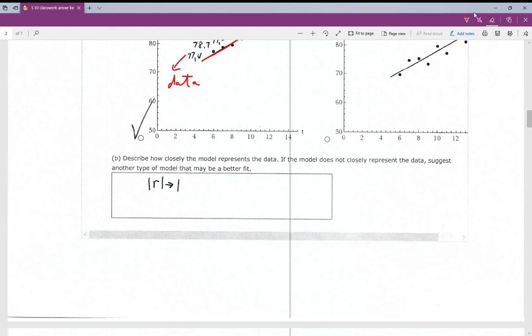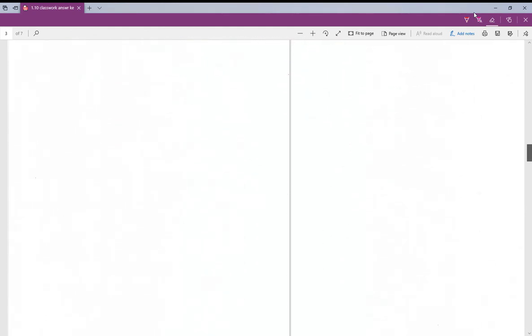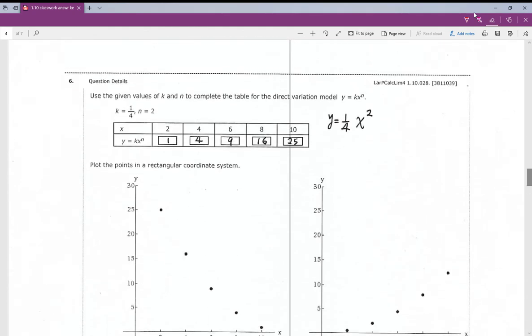Number 6, they already tell you the model. So all you have to do is just follow the formula. But right now, furthermore, they give you the k and they give you n.